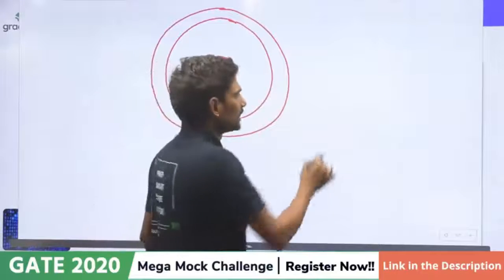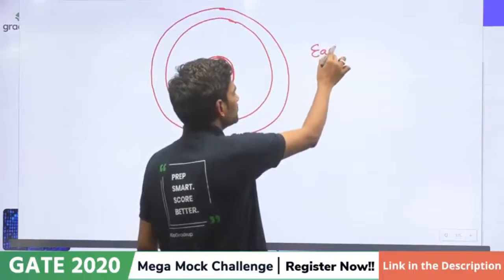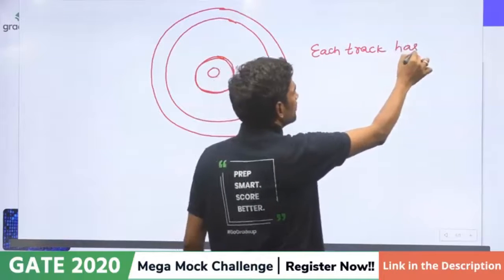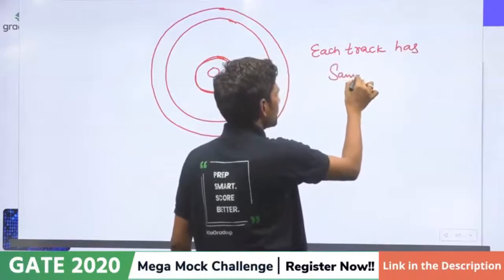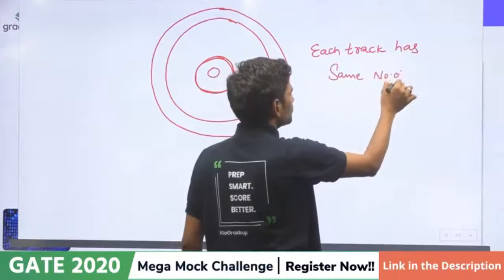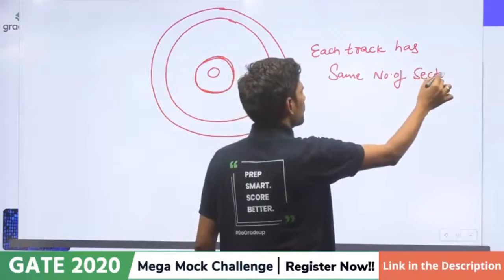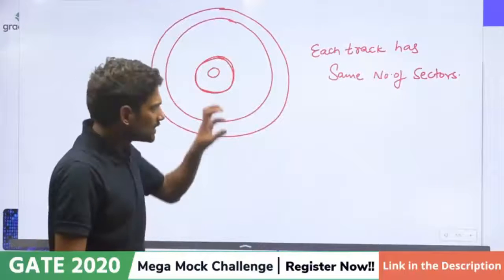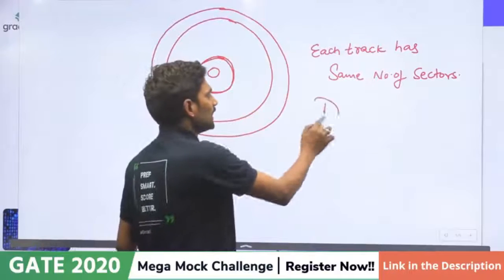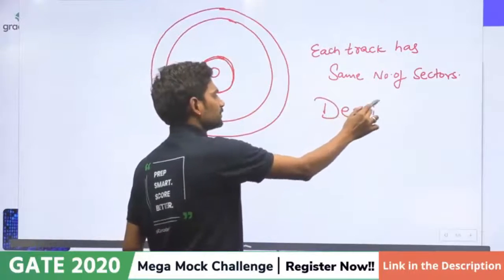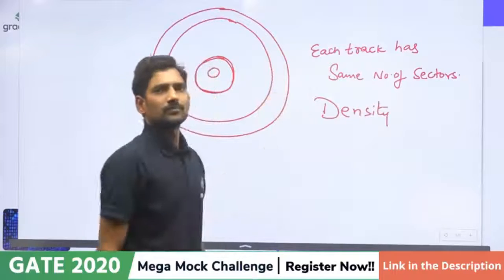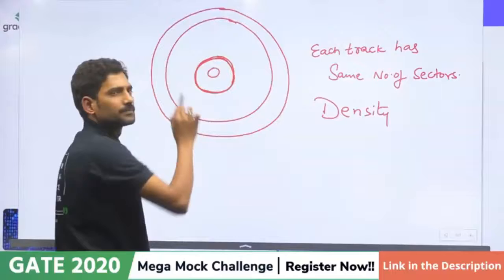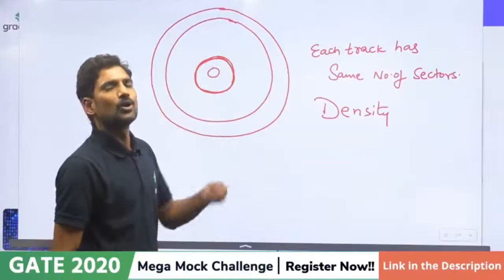But please remember, each track will have the same number of sectors, an equal number of sectors. How is that possible? This is possible with the density concept. Less area, more volume.